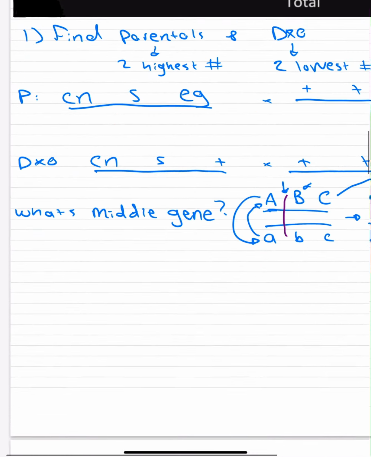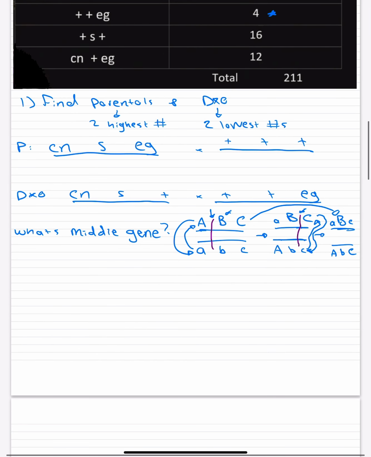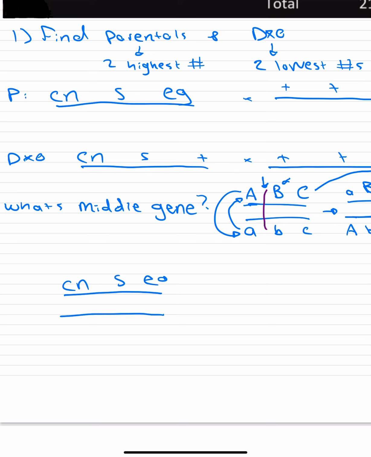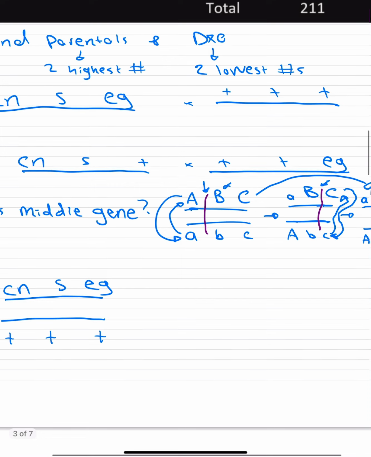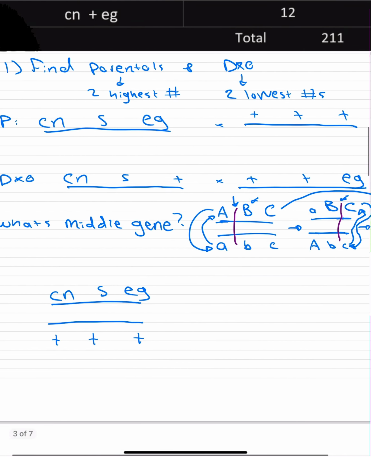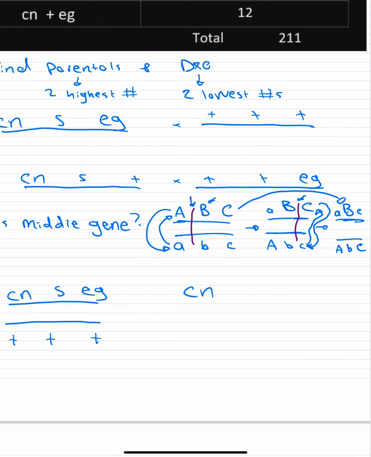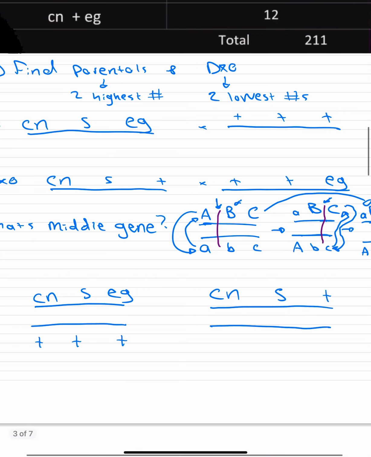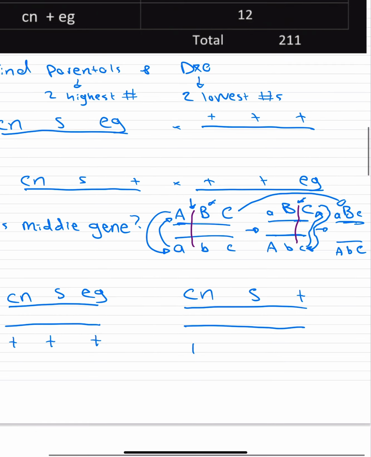All right, now let's write out both the genotypes. We're going to write out the parentals: CN, S, EG, plus, plus, plus. And now we're going to compare these with the double crossovers, which is CN, S, plus, and plus, plus, EG.